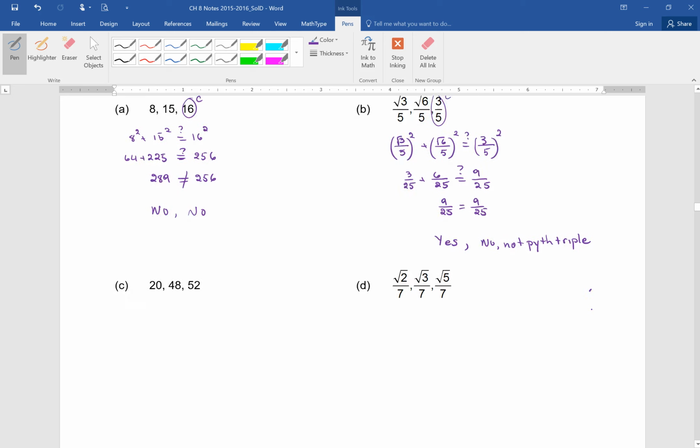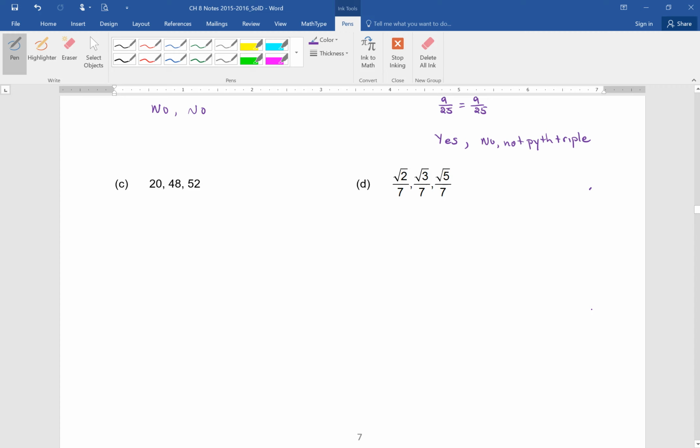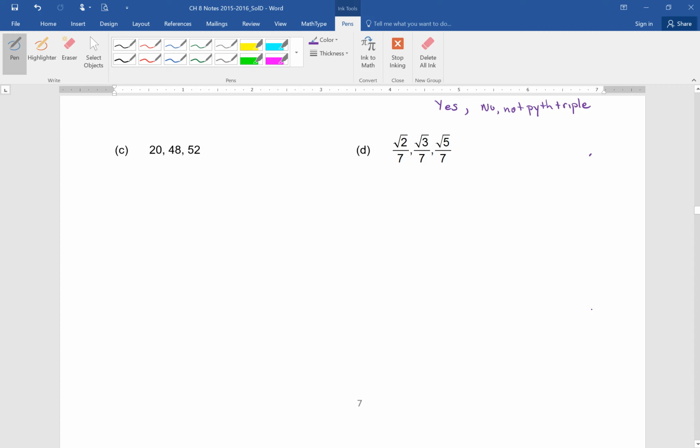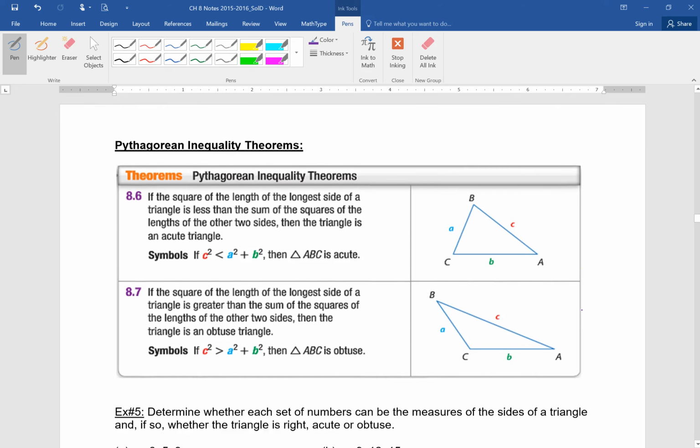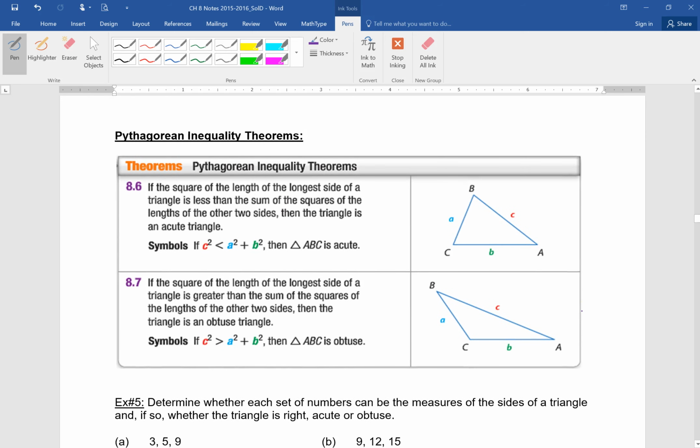What about these? I'm going to let you do these on your own. I'm going to go on to the next page, and then if I have time, I'll come back.